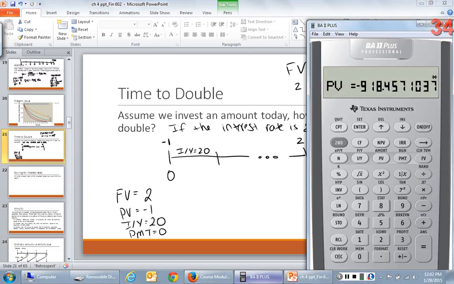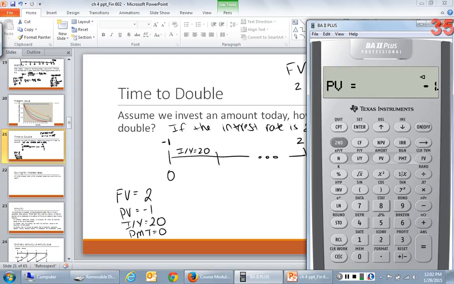So the first step, clear your time value of money. So second, and clear TVM. Our future value is 2, so we push 2 in future value. Our present value is a -1, so we push 1 and negative, then present value.